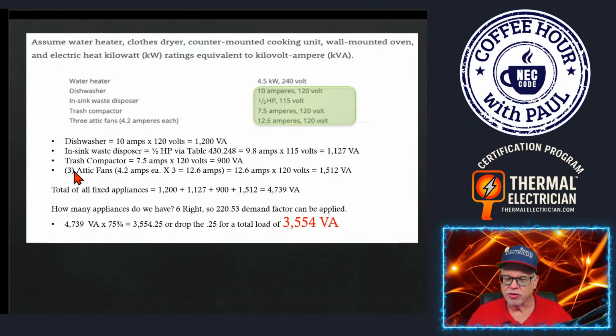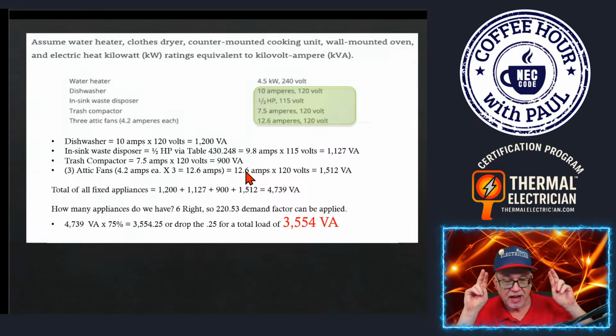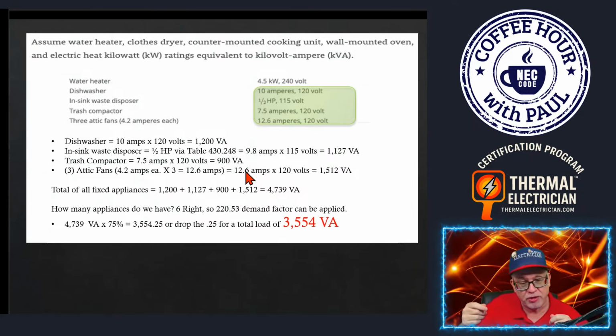That's 900. 3 attic fans, 12.6 amps times 120. That's 1,512. Add those 4 up. And remember, good news is, guess what? We get to apply the demand factors of 75%, just like we get to do when we're doing the standard calculation when sizing the hot conductors. We get to do the same thing for the neutral.